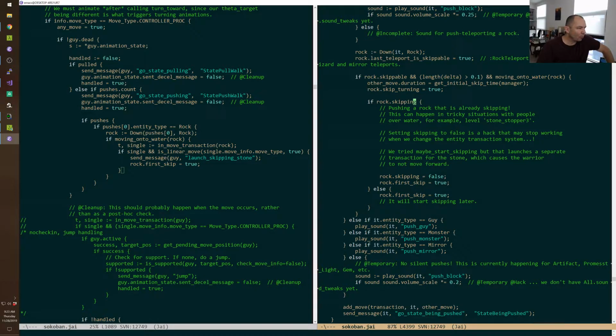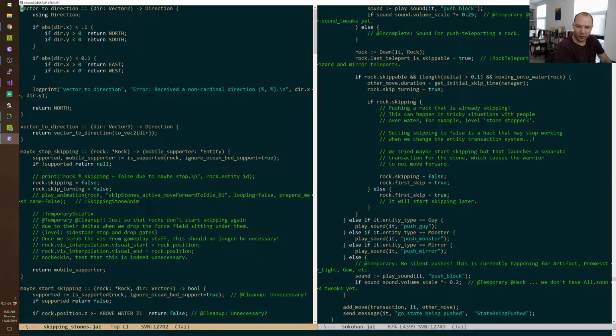Because we do... I'm just going to try doing a new transaction here. All right. Because these notes were made when the transaction system was different.